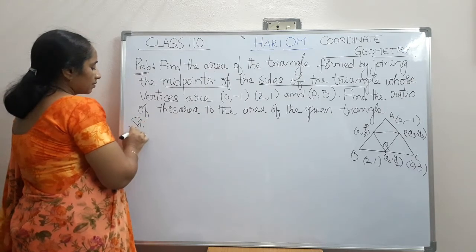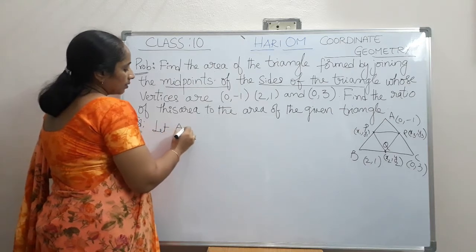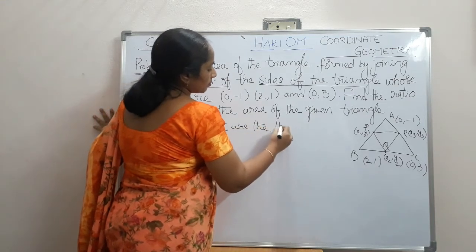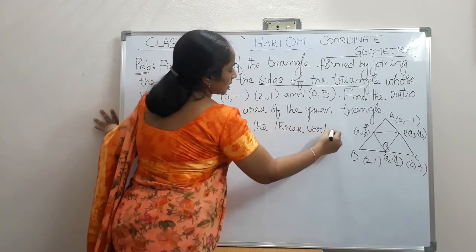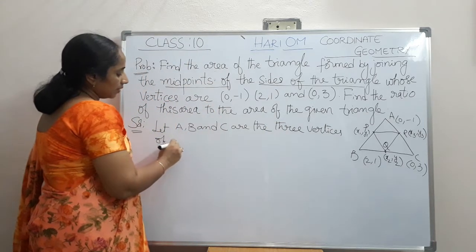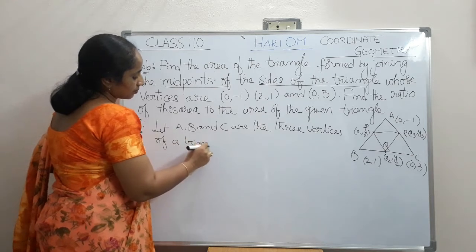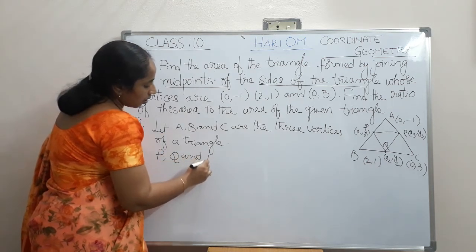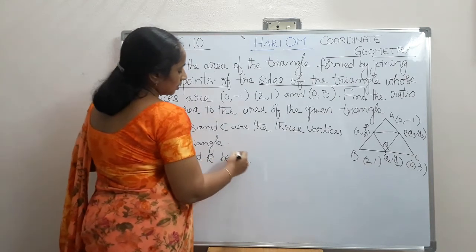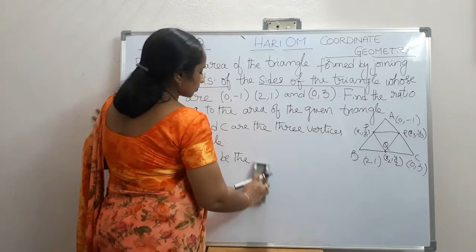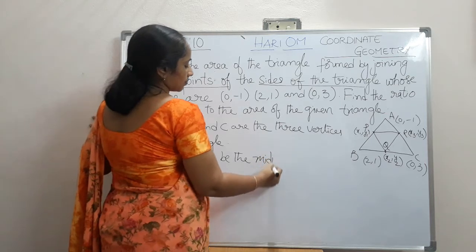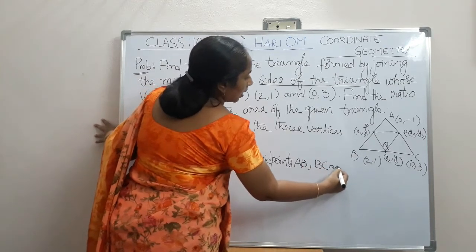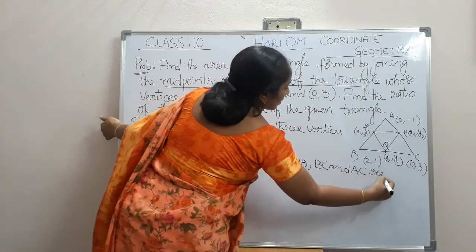So first write: let A, B and C be the three vertices of a triangle, and P, Q and R be the midpoints of AB, BC and AC respectively.